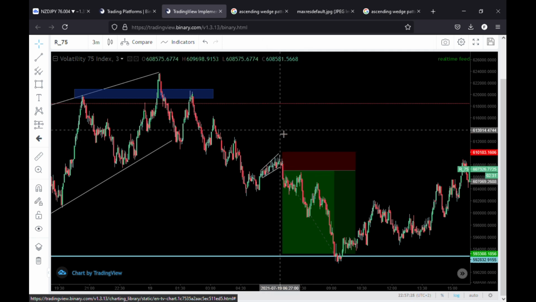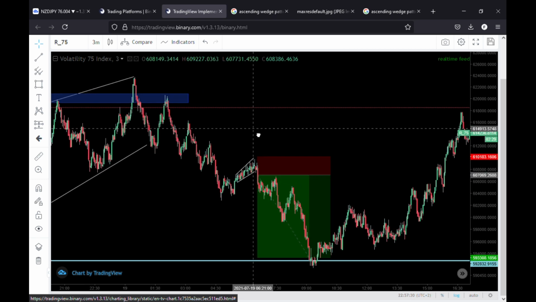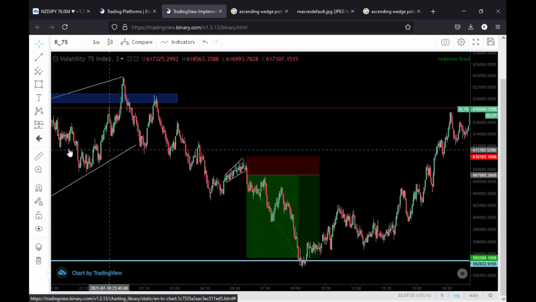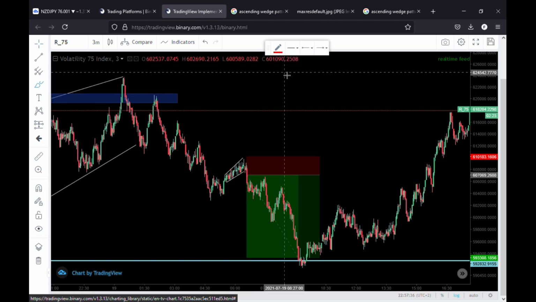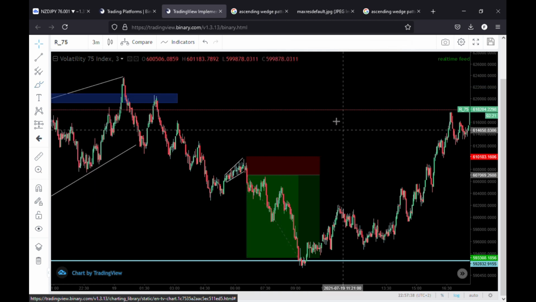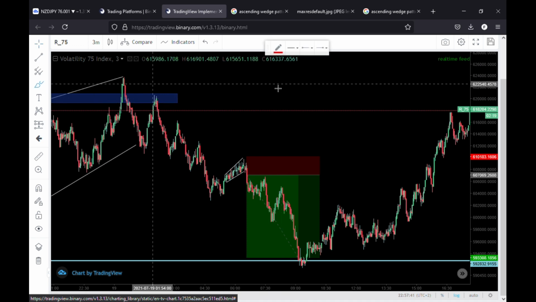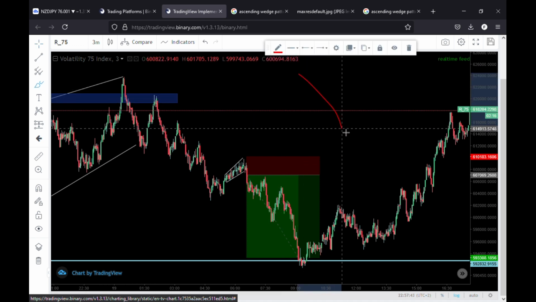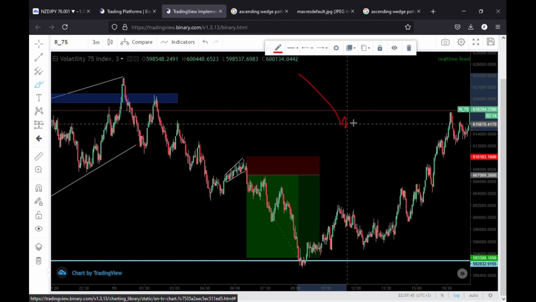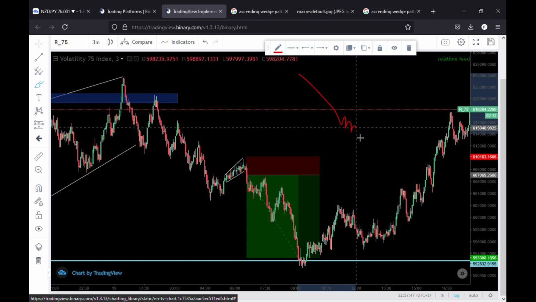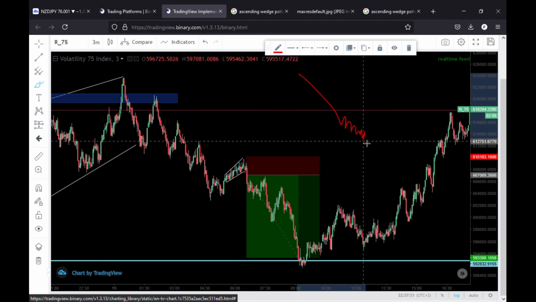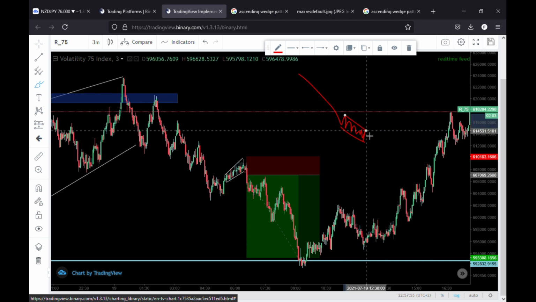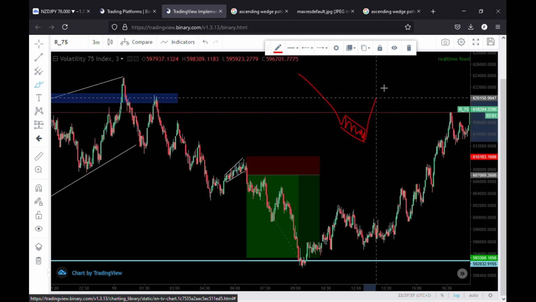Anywhere that you see something like this, or for example, if you can see a push to the downside and then all of a sudden the market starts going down in a very corrective manner, this is a very good sign that we might have a very strong reversal.